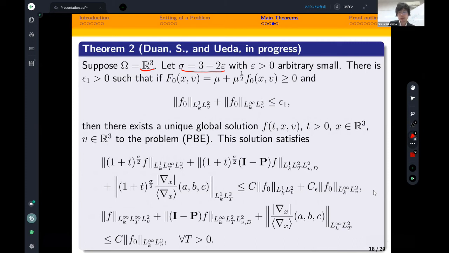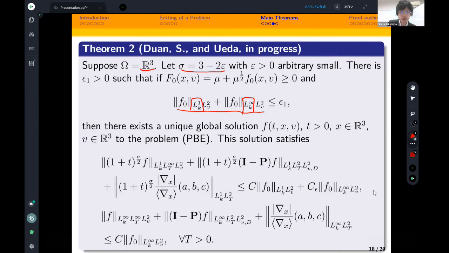And this will be used for decay rate. And if initial data is small in this space, so this is an interplay of L1_k and L infinity_k. So F0 is not only L1, but also L infinity on the Fourier side. Then we have a unique global solution, F.